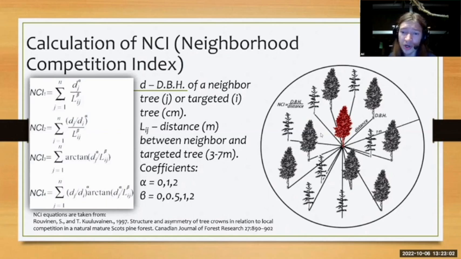All trees of merchantable size were assessed.